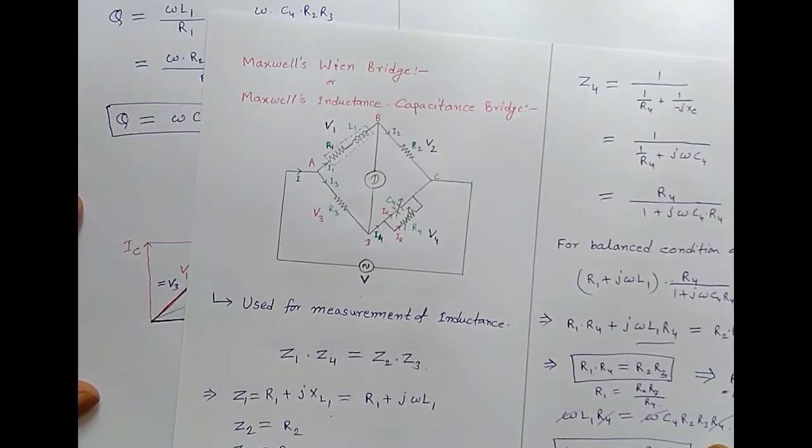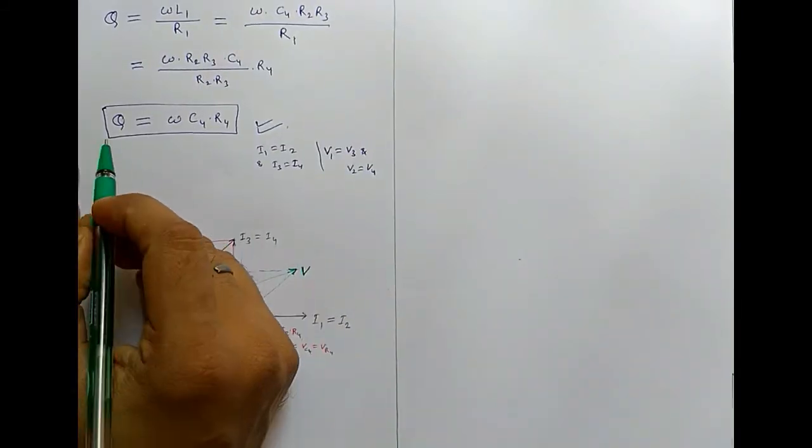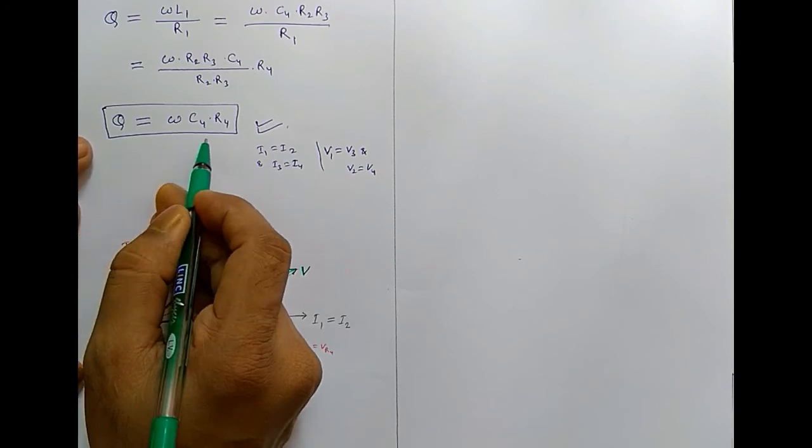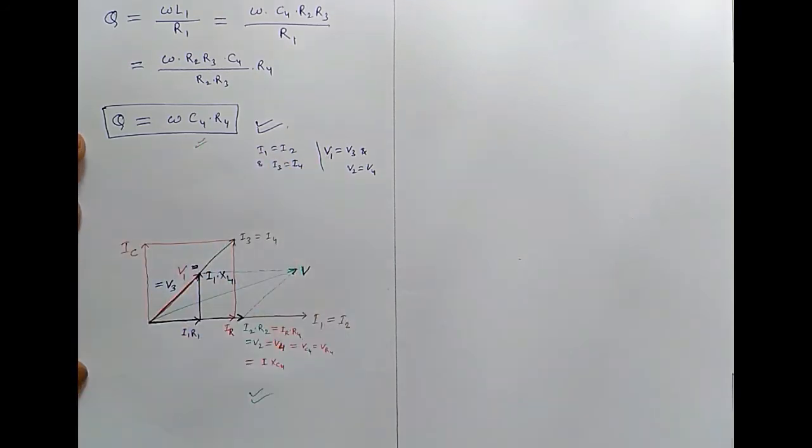We have also studied how to find the quality factor of that unknown inductor, that is Q, and we have also studied the phasor diagram of today's bridge, that is Maxwell's Wien bridge.